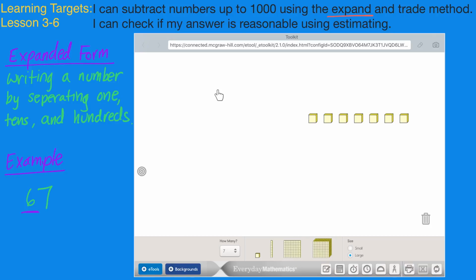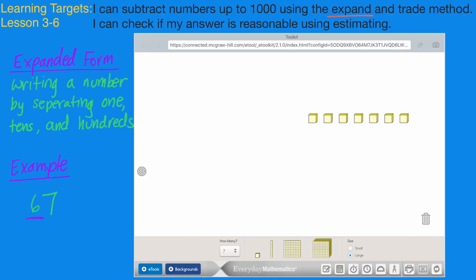So I look at this, and there are 6 tens, but I'm going to look at what the value is. We can see that there are 6 tens, which would have a value of 60, because I can count by my tens: 10, 20, 30, 40, 50, 60. 6 tens, 60. Now we're going to look at the value of 7 ones, and we have the value of 7.